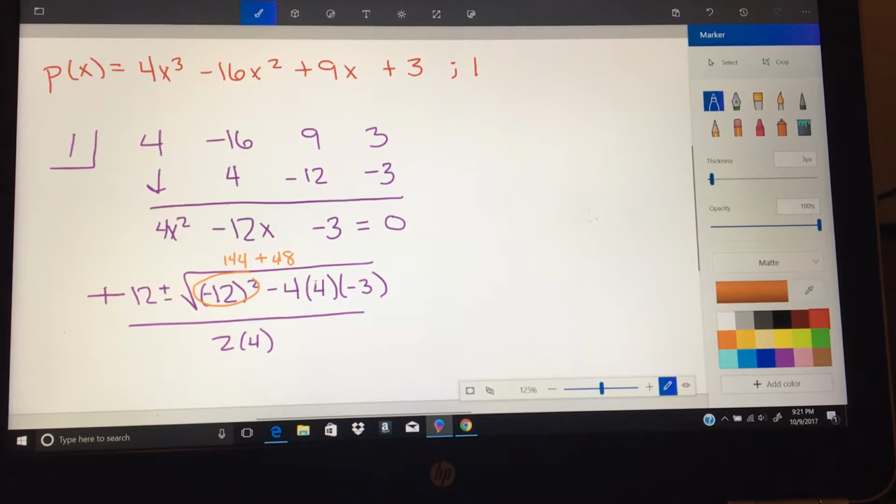And 144 plus 48 is 192. And then 2 times 4 here is 8. So what we're going to end up having here is negative 12 plus or minus square root of 192 over 8.